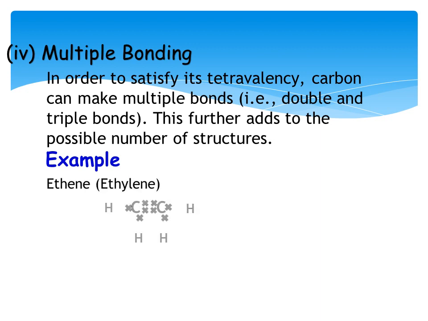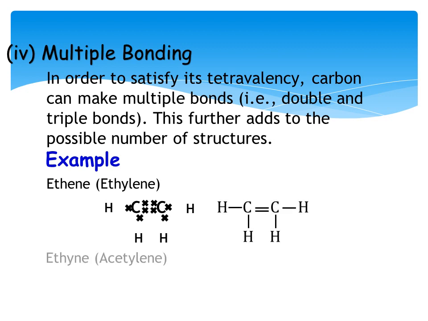For example, in the case of ethene, you have two carbon atoms sharing a double bond. And likewise we have the example of acetylene, which is ethyne. Again we come across two carbon atoms, but here carbon shares 6 electrons, or 3 pairs, between the carbon atoms, forming 3 covalent bonds.